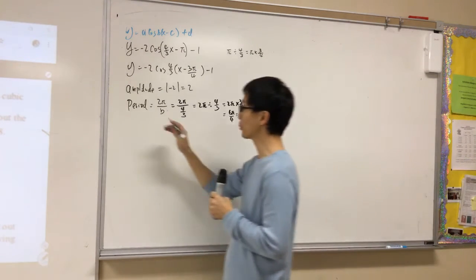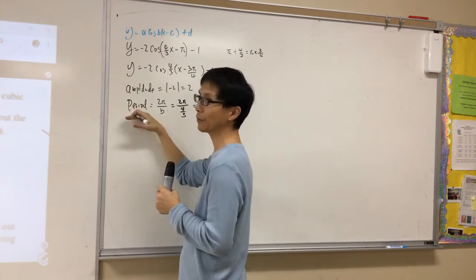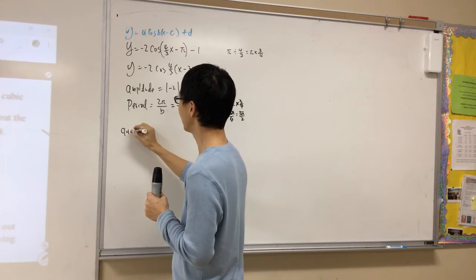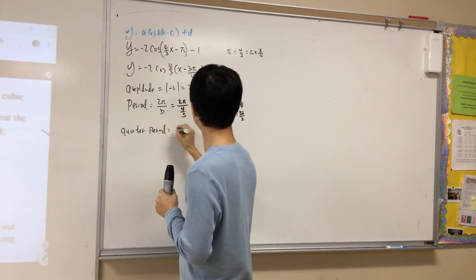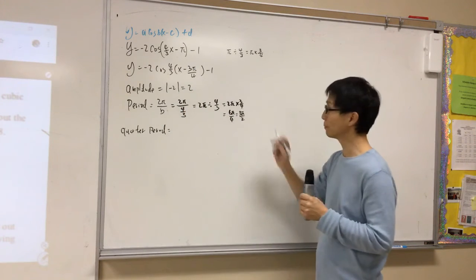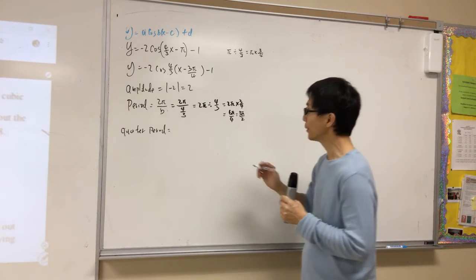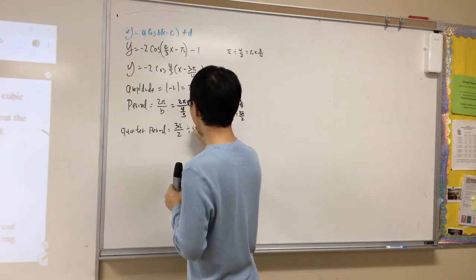Now what we're going to do is take care of the amplitude, then take the period. We have to divide this by 4 to find quarter periods. So quarter period, 3 pi over 2, I'm going to divide it by 4.